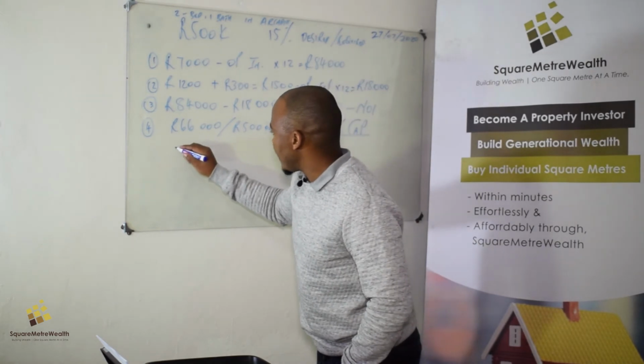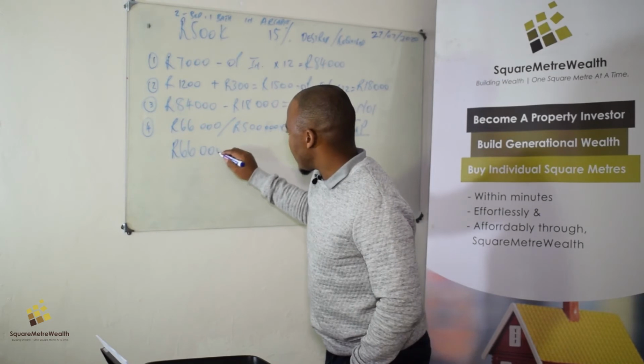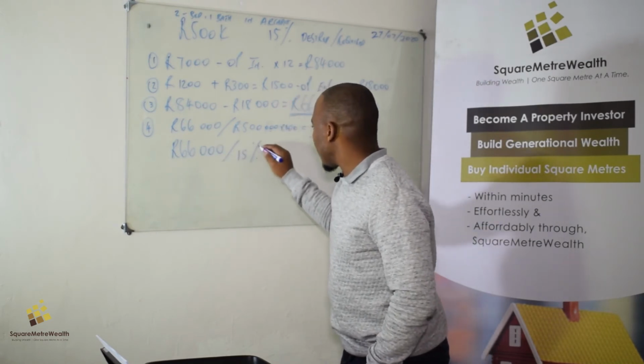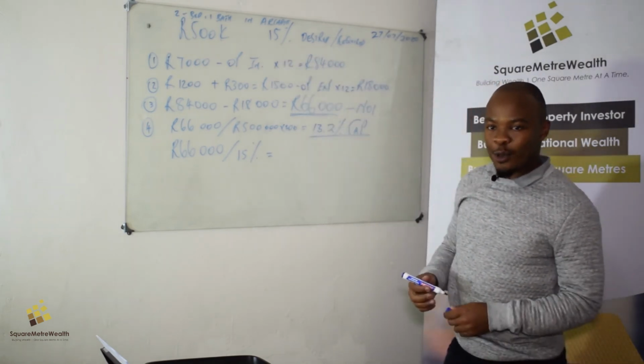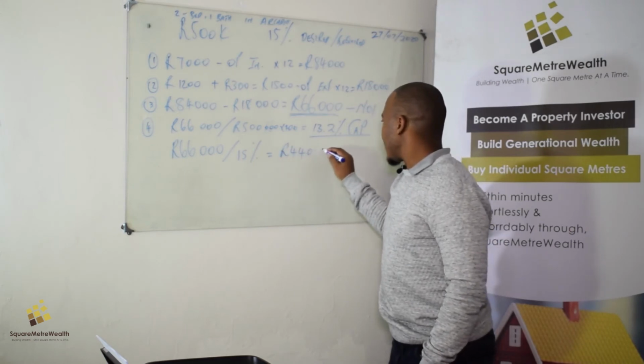You would take your 66,000 Rand, which is the net operating income, and you would divide it by your desired 15%, and that would give you 440,000 Rand.